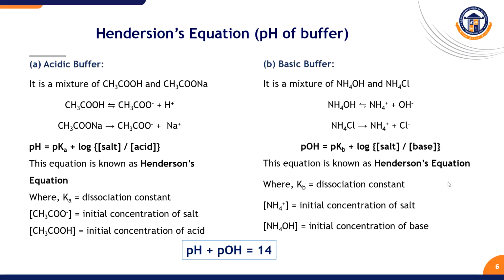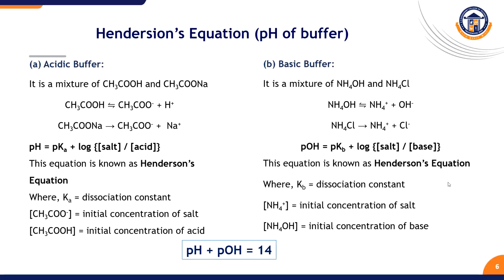So the Henderson equation is given by pH equals pKa plus log of salt by acid, where Ka is the dissociation constant of the acid. Similarly, in a basic buffer, pOH equals pKb plus log of salt by base, where Kb is the dissociation constant.